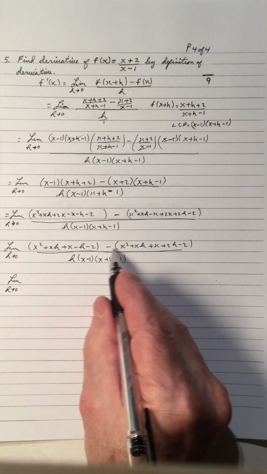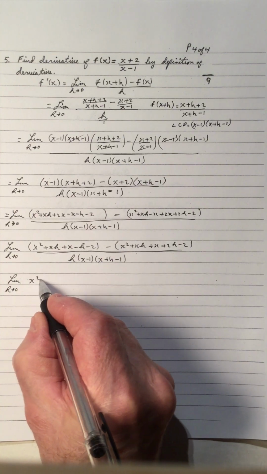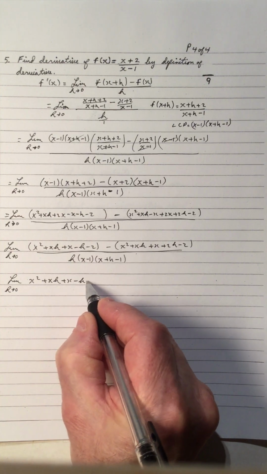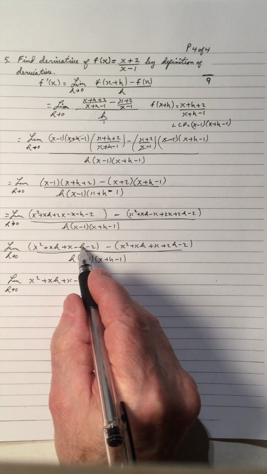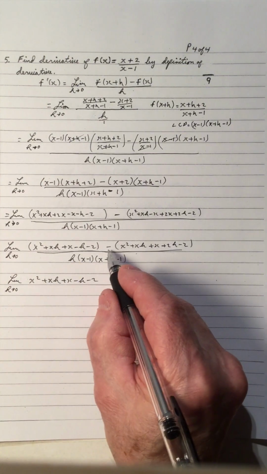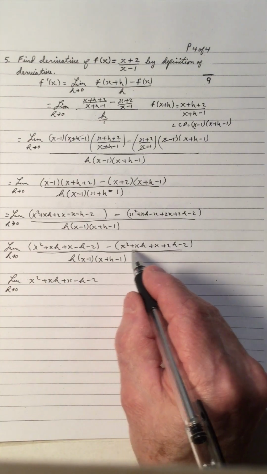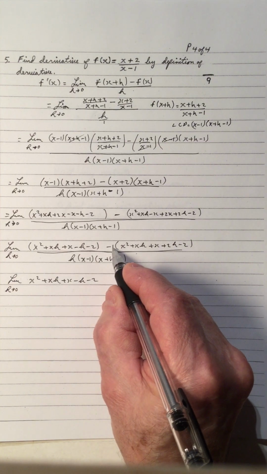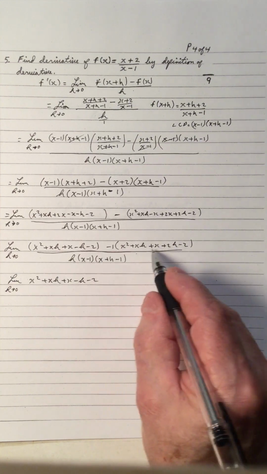So now I'm going to do the subtraction. So it's x squared plus xh plus x minus h minus 2. So that's that term, or this polynomial here. Now I'm going to subtract this polynomial. I could put a negative, make that a 1, multiply by negative 1 to just add on the inverse.